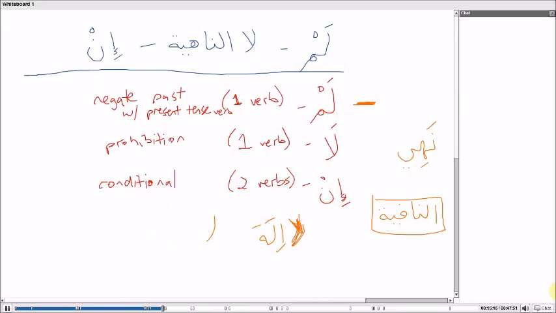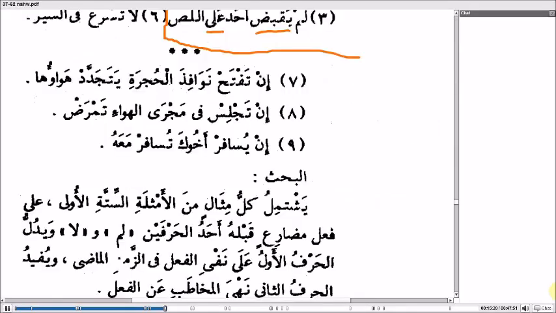We have a la of an-Nafy, which negates something existing, and we have a la of an-Nahy, which prohibits something. Here we have la ta'kul wa anta shab'an. Don't eat and you're full.